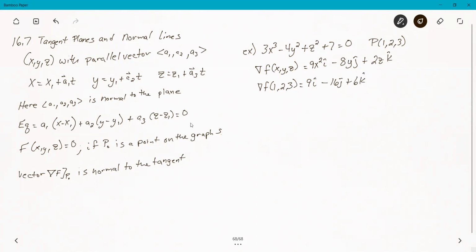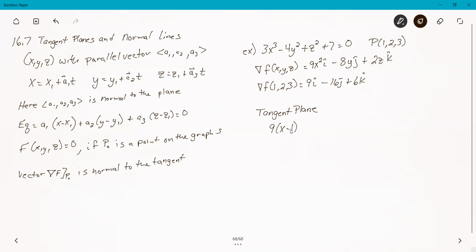All right, so let's look at the tangent plane. Very similar to tangent lines, except now it's three-dimensional, so we have a tangent plane. So we have 9 times our x minus 1. Again, the x minus 1 is with my point 1, so that's where that comes from.